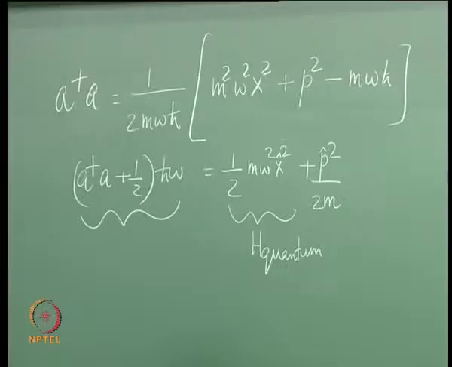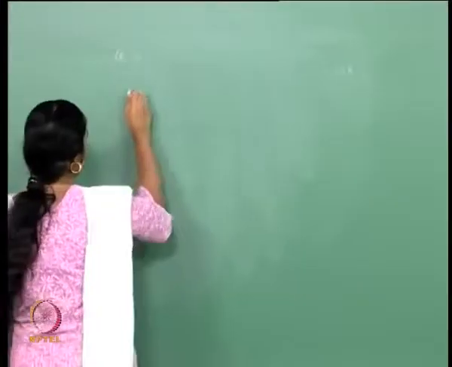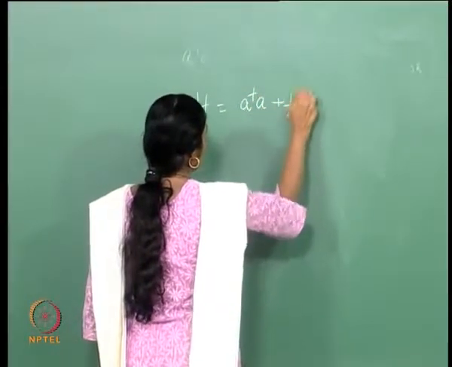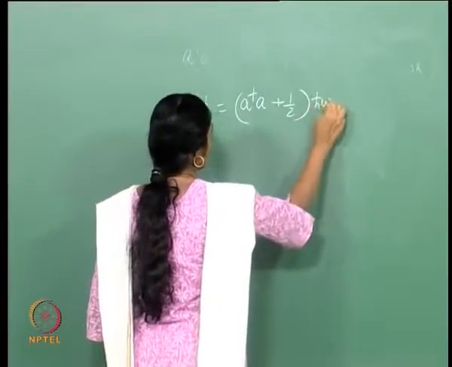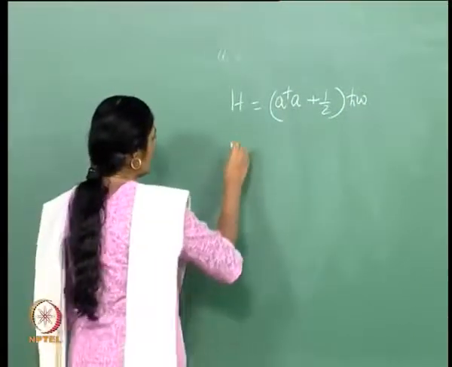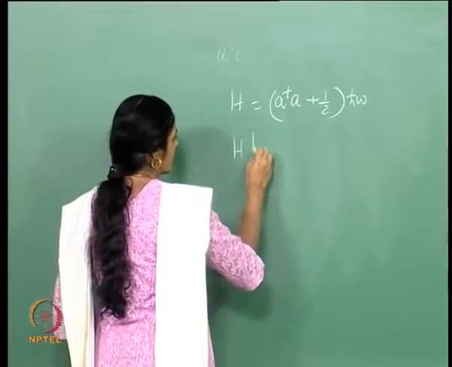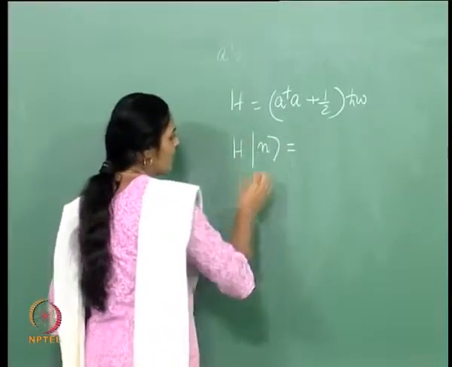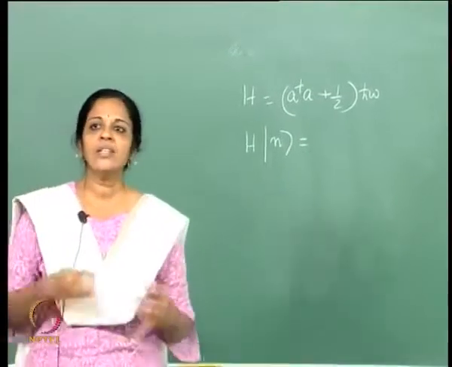So, let us see what is the physical significance of the operators a and a dagger. Consider the Hamiltonian a dagger a plus half h cross omega. This is the quantum Hamiltonian. Look at eigenstates of h. We will label them by ket n, where n is a label.